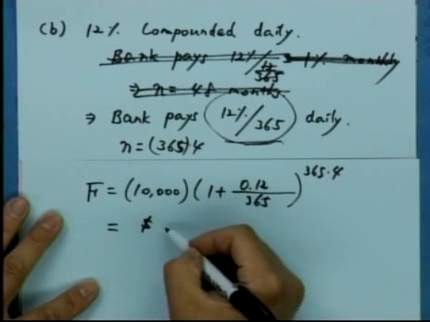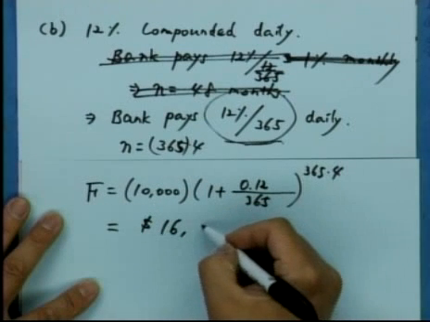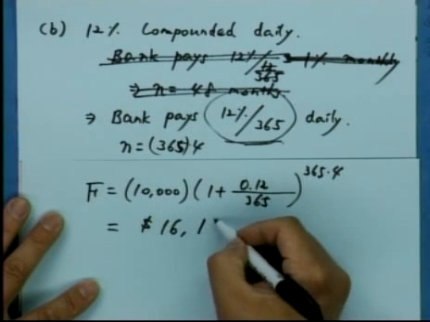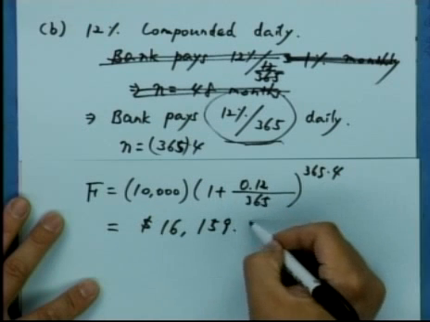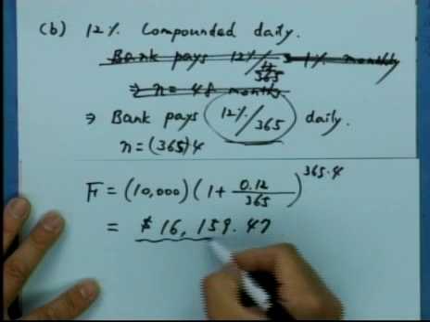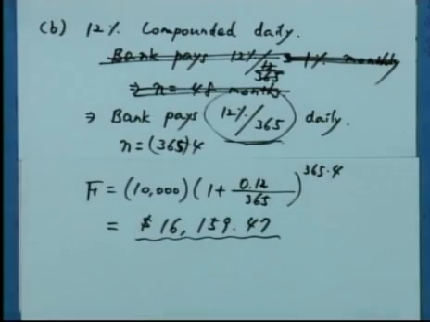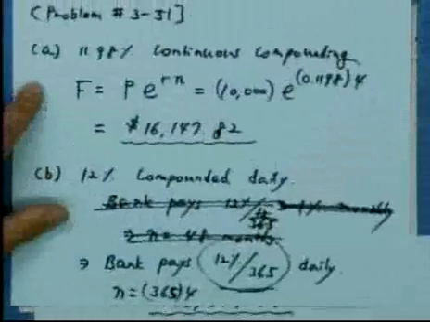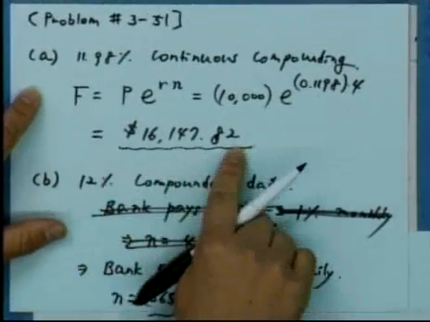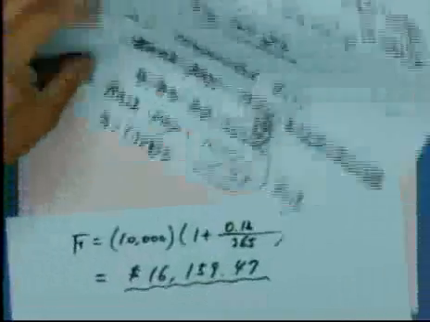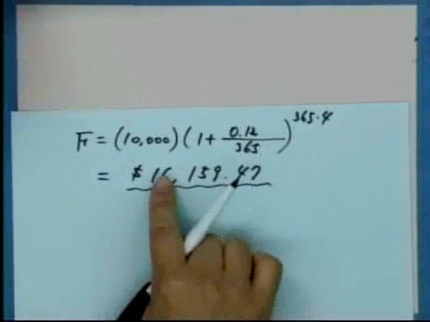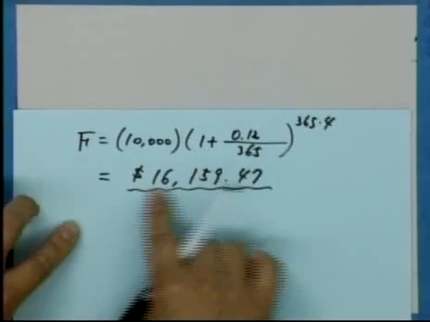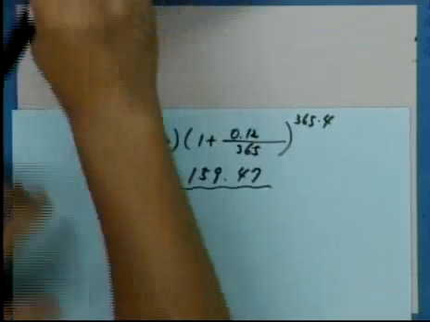This is going to be $16,159.47. So compared to the alternative A, the alternative B provides more money, right? What about the alternative C?